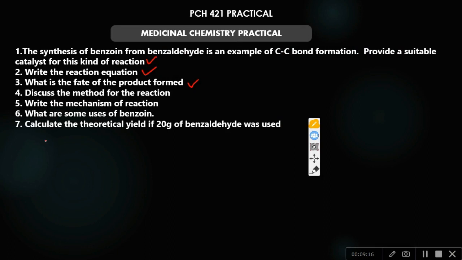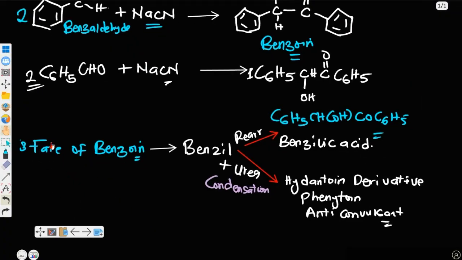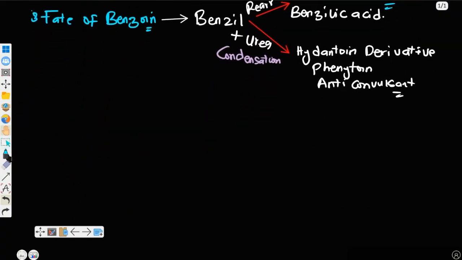Discuss the method for the reaction. Now, what is the method for this reaction? You may not get the actual amount that you have to weigh. Of course, you know the reaction involves benzaldehyde. Now, benzaldehyde is an aldehyde. Of course, it's in liquid form.